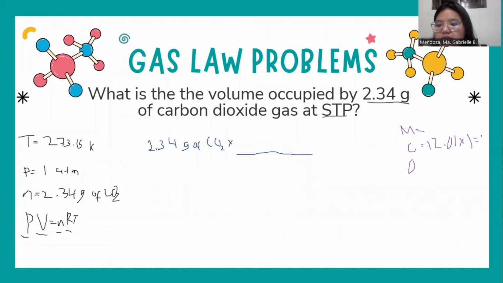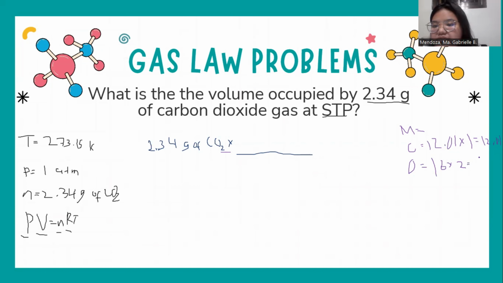Then for oxygen, it's 16. Why 16? Because that's the weight of oxygen, you can rely on your periodic table. Times 2. Why 2? Because it's CO2, so there are two oxygen atoms.